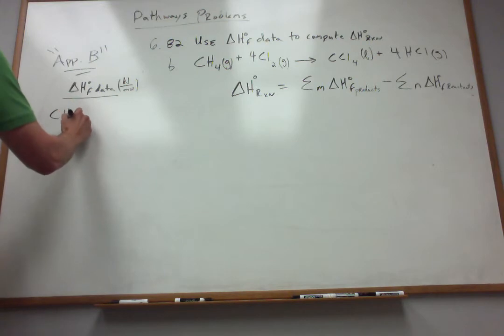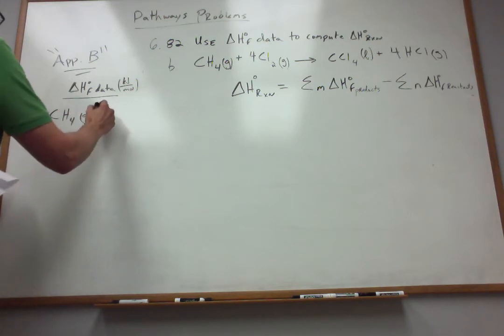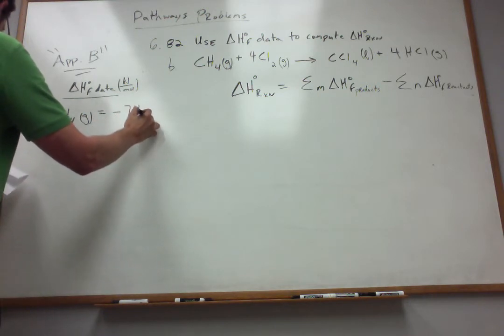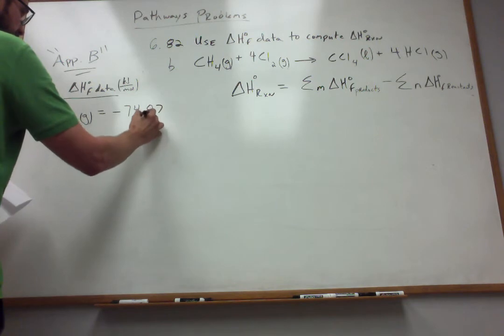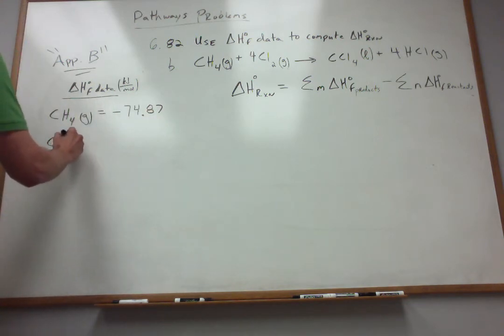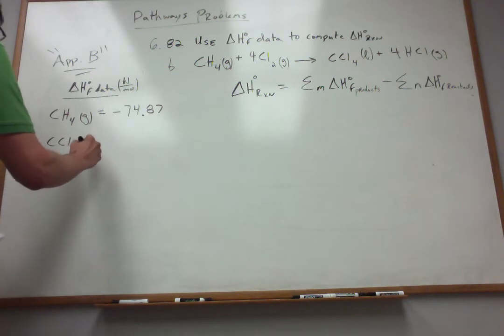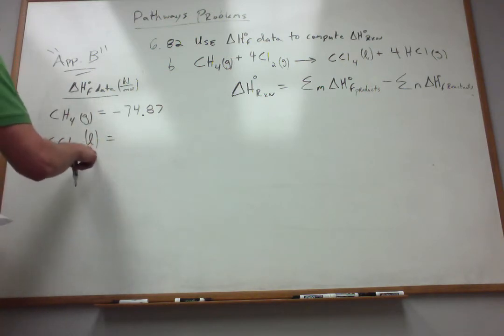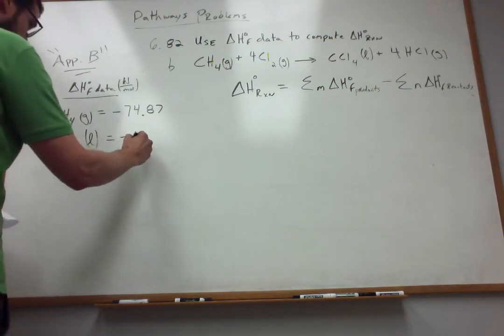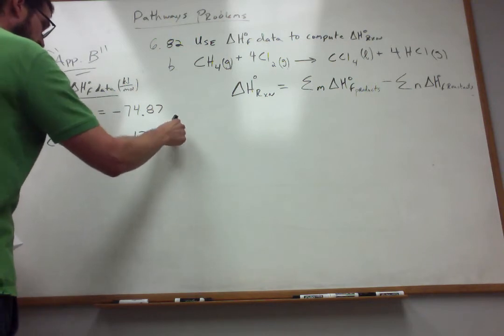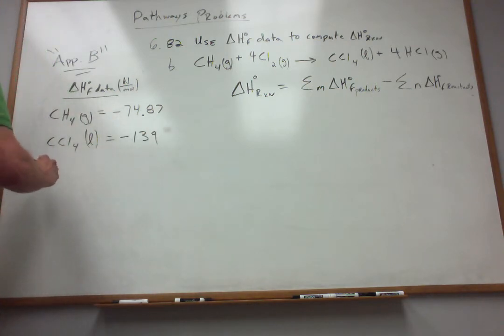And then I already looked up the standard enthalpies of formation from the back of the book in Appendix B: negative 74.87 kilojoules per mole for methane. CCl4, which is called carbon tetrachloride, in its liquid form, has a standard enthalpy of formation of negative 139 kilojoules per mole.